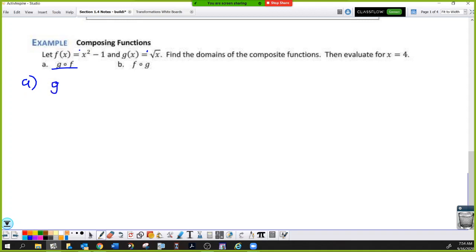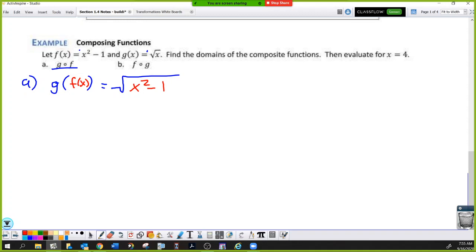I really do prefer this method because it allows me to change the color. This is what I do for Algebra 2, and it shows them, okay, I'm going to plug f of x into g of x. So then I can color code it, where g was the blue stuff and f was the red stuff.